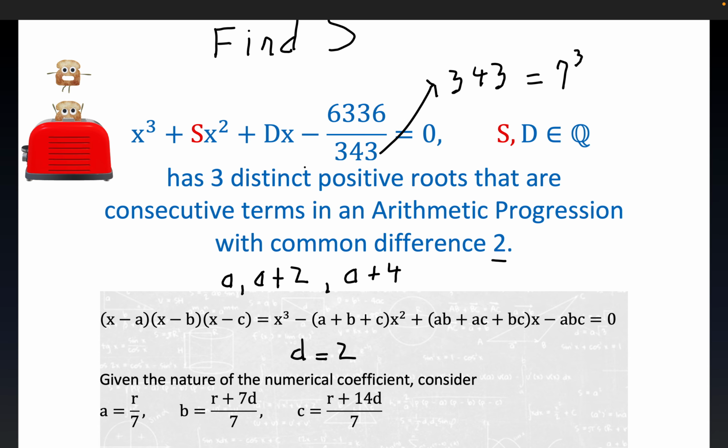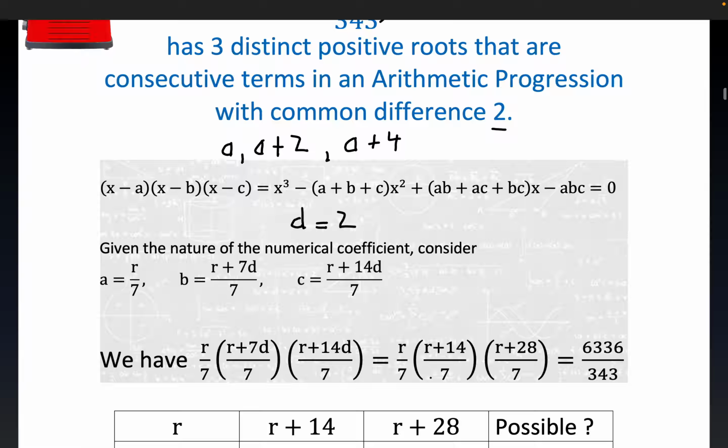So it's very reasonable to suspect this would be the structure of A, B, and C. And also, if we get an answer that checks out, it's good whether or not we can justify this at this stage. But I think this line is completely justified right here. Notice that 7D over 7 is just D, 14D over 7 is just 2D, just like we have right up here. Okay, so let's keep going.